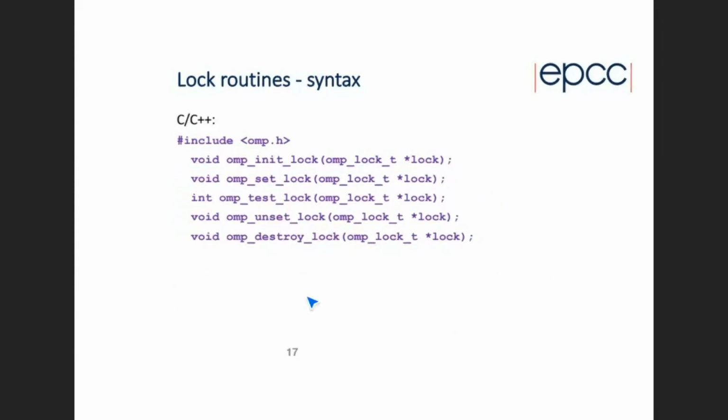In C++, we have the same set of routines: init, set, test, unset, and destroy. Again, we get access to them through the omp.h header file, and there's a defined type in that header file for declaring those things.